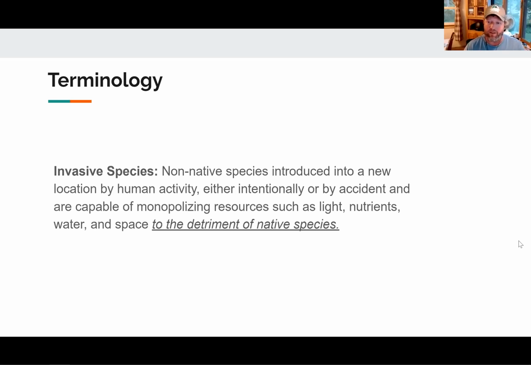These invasive species also have the benefit of not being from the United States, or from our region, so they don't have insects and disease that would probably control their populations in their native habitats.